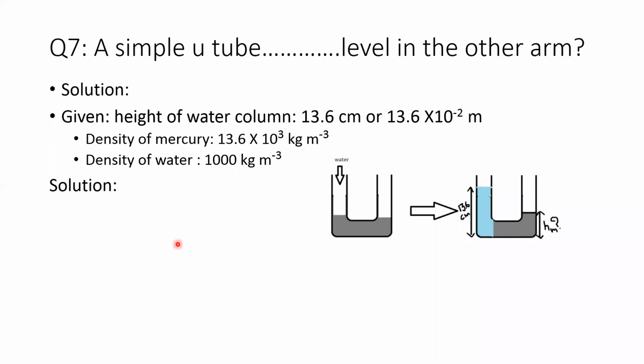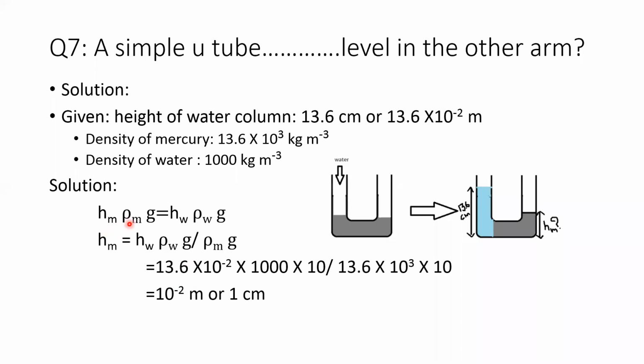Again, we will compare the pressure of water and the pressure of mercury, and by comparing both pressures, we will calculate the height of the mercury column. Okay, so try to solve it. This is the hint for you.